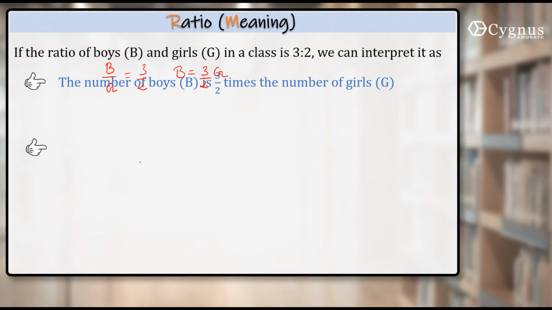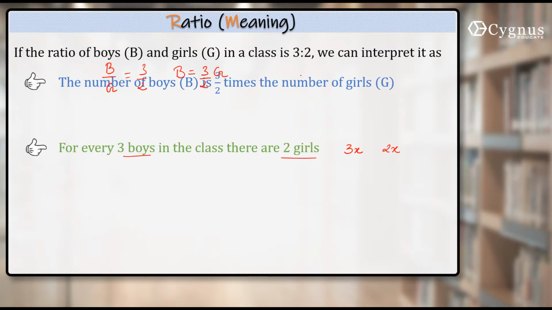What's the next meaning? If boys and girls are in the ratio of 3 to 2, we can say if there are 3x boys, then there'll be 2x girls. Yes or no? Or for every 3 boys, there'll be 2 girls in the classroom. That's why we assume values like this. If there are 3x boys, there'll be 2x girls. Yes or no?